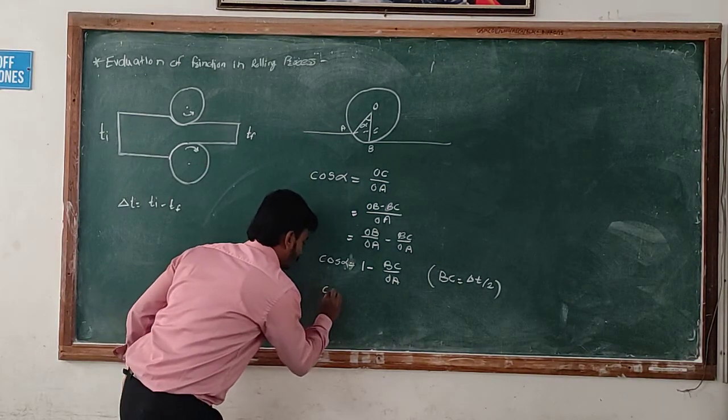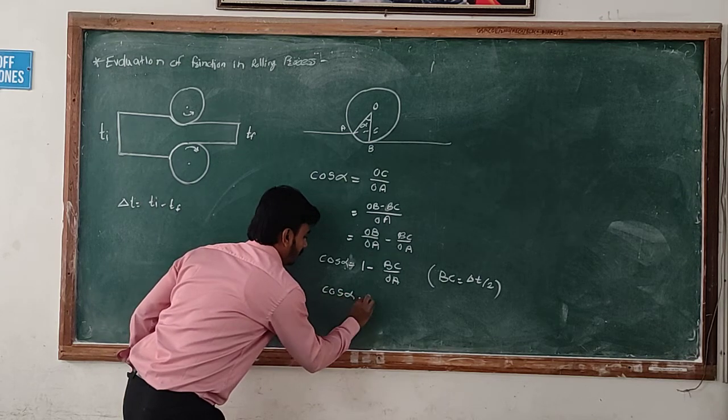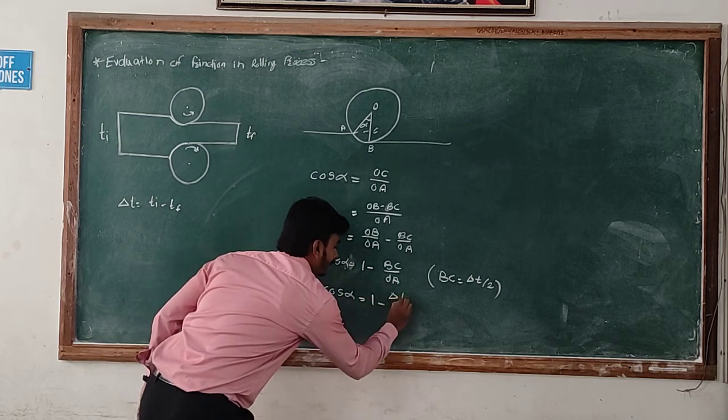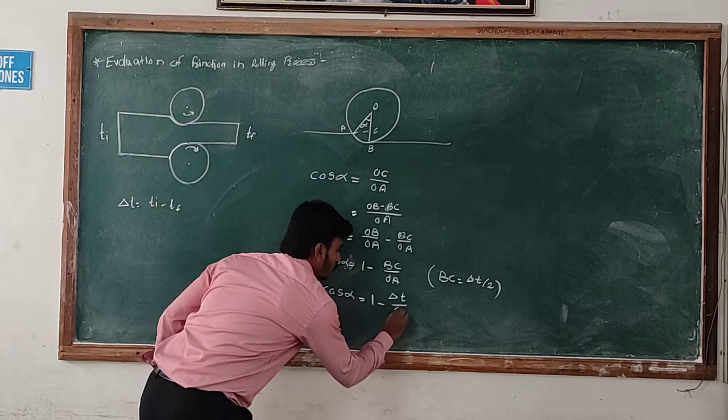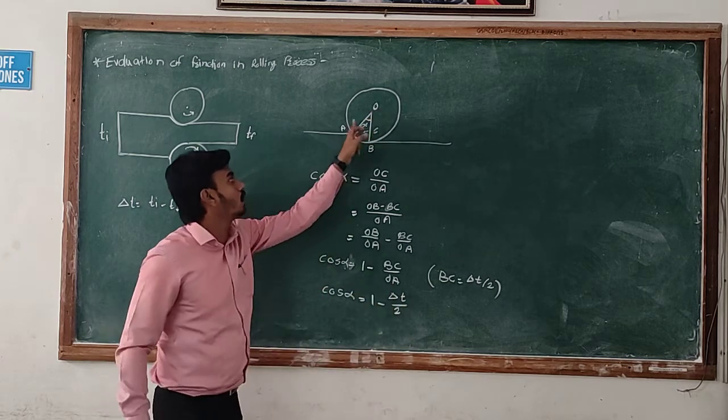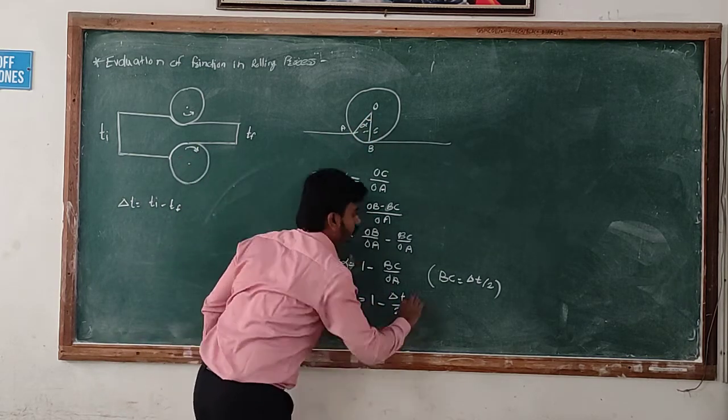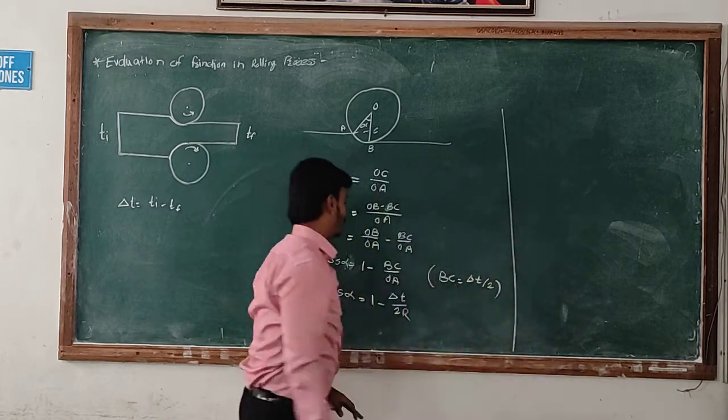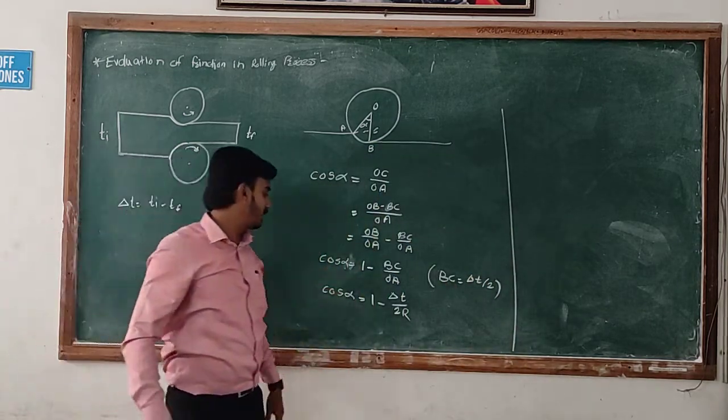Now, cos of alpha is equal to 1 minus delta t upon 2, and OA is the radius of the roller. Now we can simplify this.